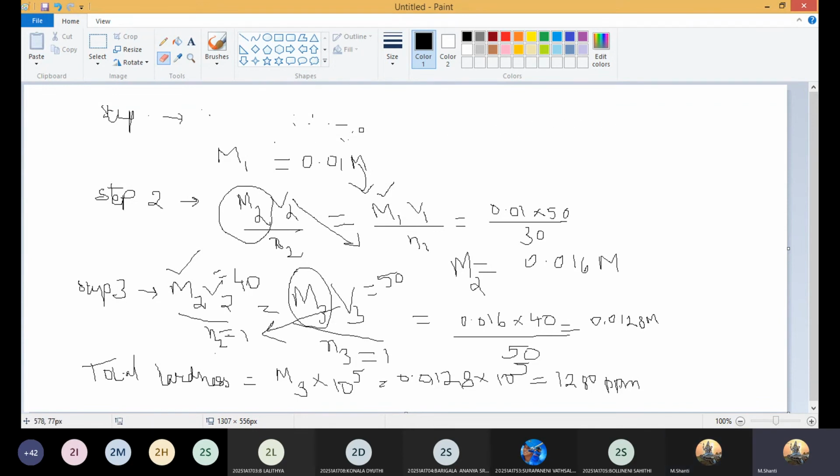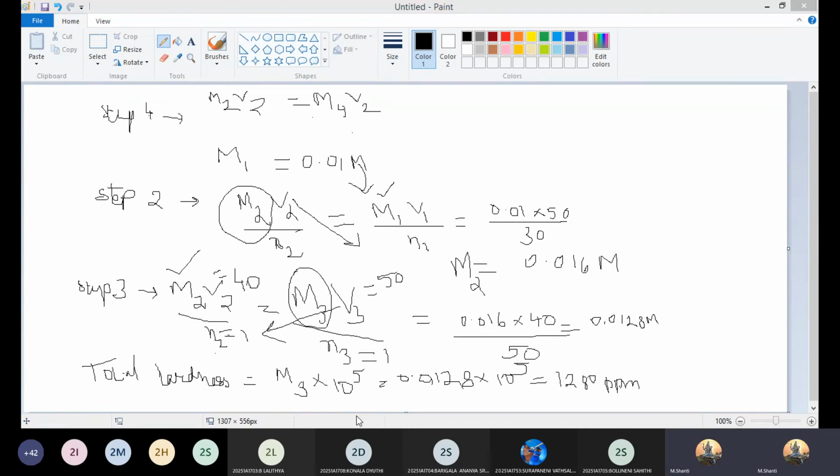This is step 4, the last part of your question. M2 V2 equal to M4 V4. Substitute them.